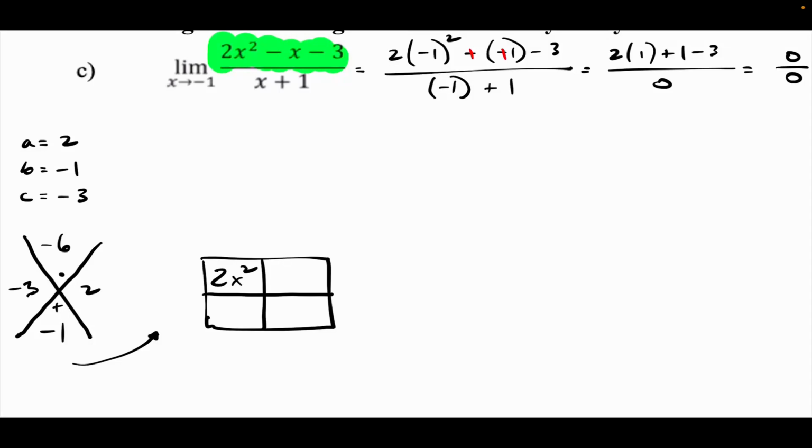The last term, -3, goes in the last window part. The two numbers that I came up with go in the two missing. So -3 and +2. But they have to add together to make this -x. So what do I have to put with them so that they add together to make -x? X's, yeah.